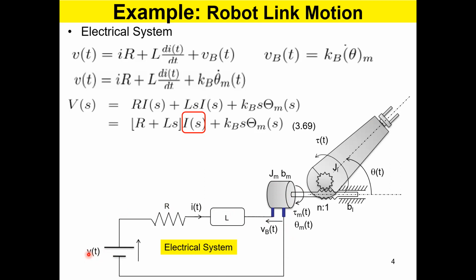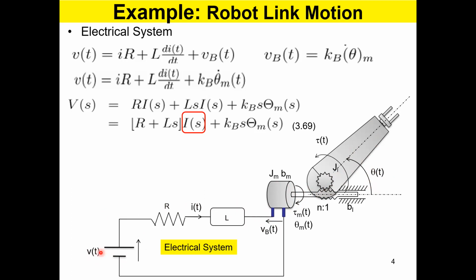When you apply this voltage, there's a current flowing through the circuit, through the motor. The motor gets a voltage and a current through it, and it turns. Then this motion is transferred to the robot arm through the gear, so the robot arm also moves. So eventually the response is theta, the angle of the robot arm, and the input is this voltage.